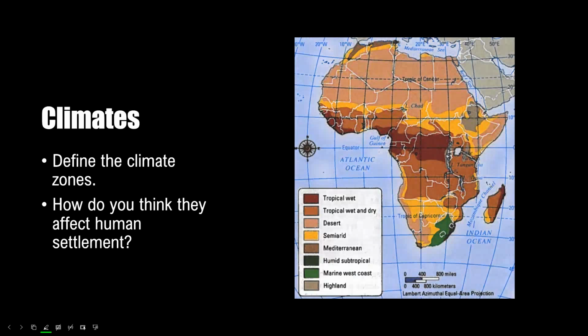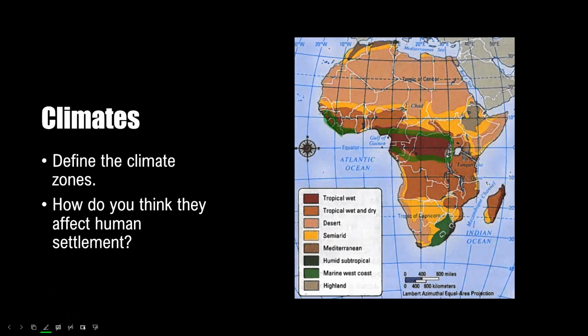Now, in terms of climates, again, a lot of people, when they think Africa, they think rainforests, but really your rainforests, again, are going to be kind of limited in scope. You're going to find them here, find them in parts here. Outside of that, again, a lot of grassland.